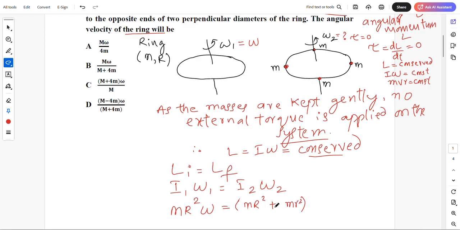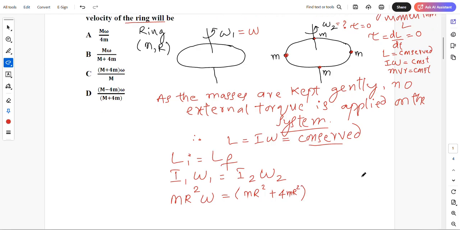Like this, four masses are kept, so I can write this as 4 m r square. Hope you understood.